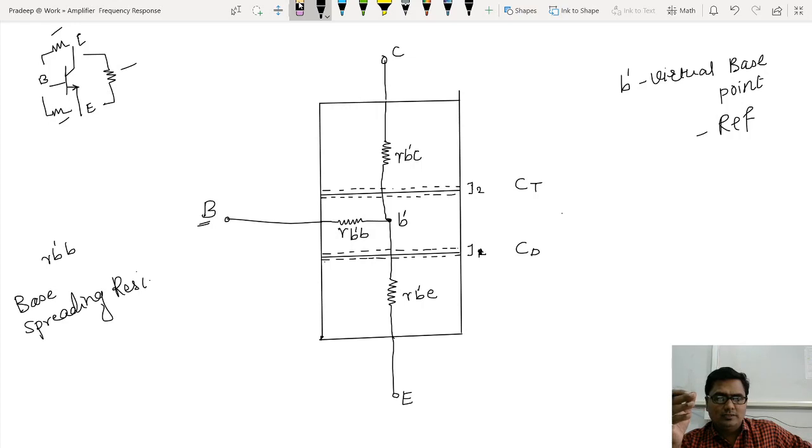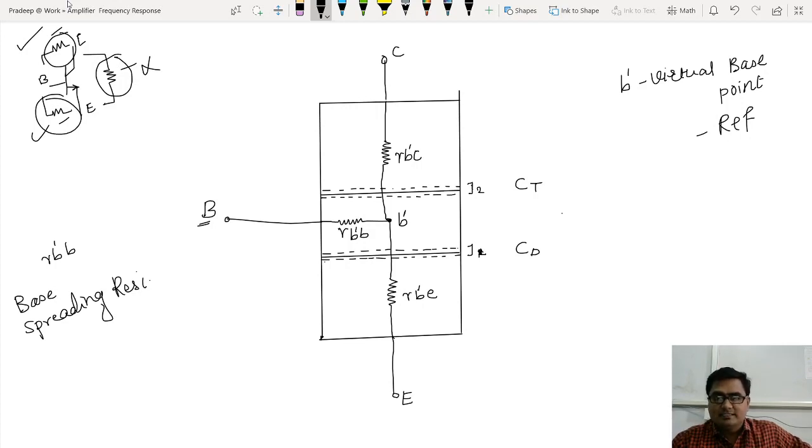Now three resistors I have shown. Am I missing any resistor? Base to collector, base to emitter, base to base, three resistors are there. The collector to emitter resistor we have not covered here. Now where to show this?